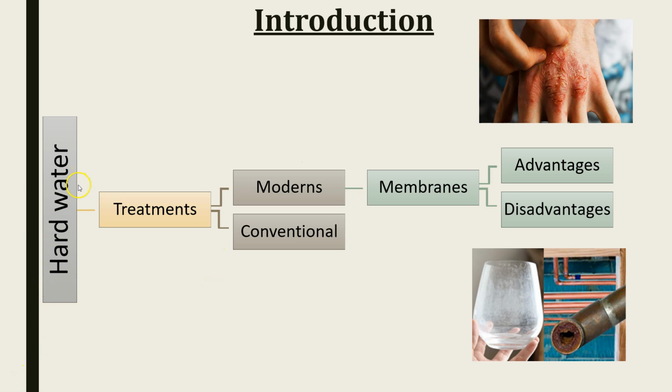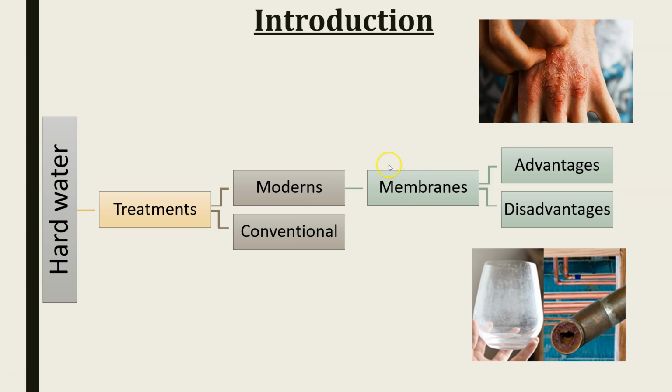As an introduction, hard water is a big problem in the world because it not only affects, for example, industrial and home equipment, but is also associated with health problems such as atopic dermatitis and calculus. For this reason, today many treatments exist, which may be classified as conventional and modern treatments.